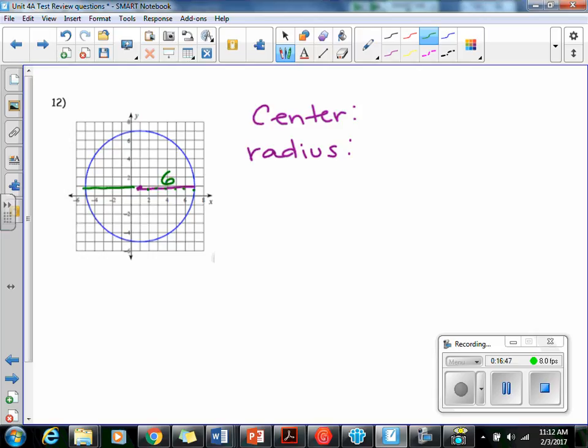If I'm correct, it'll be 6 units on the left side. So 1, 2, 3, 4, 5, 6. So is that going to be our center? Yes, it is. If you need to check one more time to be sure, you can count the distance going up and down. If it's the same, you know that this is definitely the center. So what's the coordinate for this center? 1, 1. All right, so our center is at 1, 1.